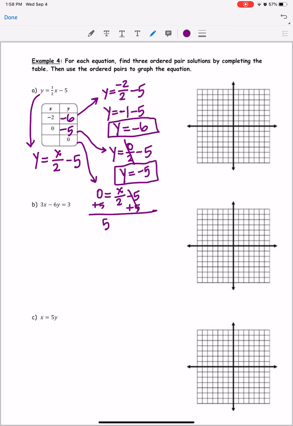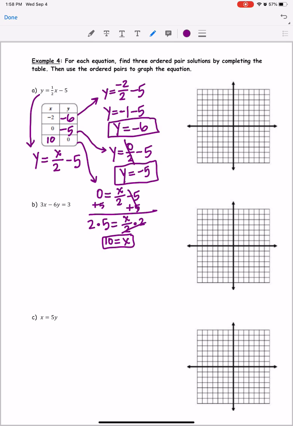So we've got 5 equals x over 2. Opposite of divide by 2 is to multiply by 2. So we've got 10 equals x. So those are my 3 ordered pair solutions.